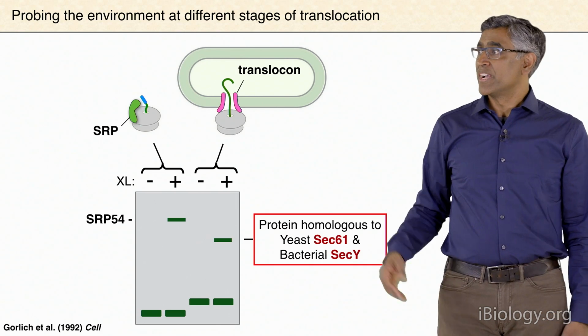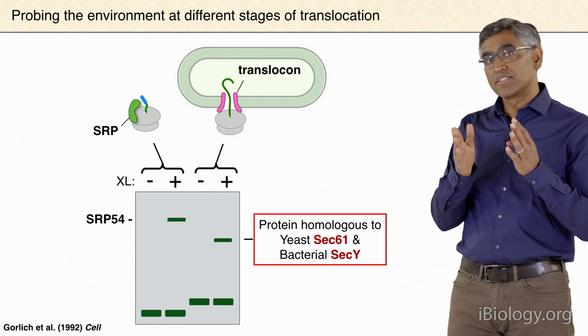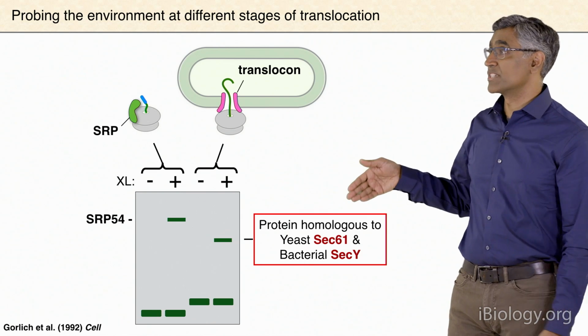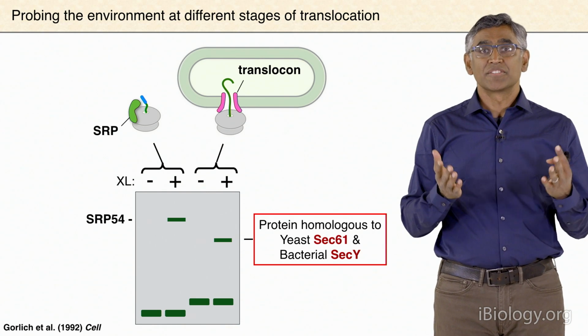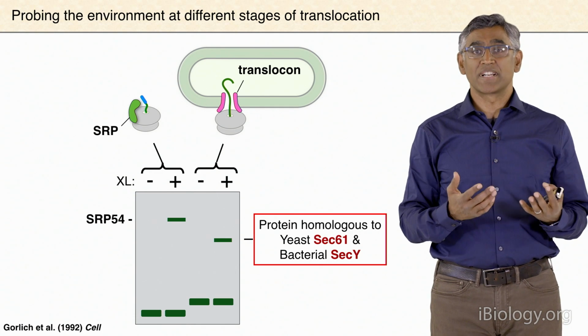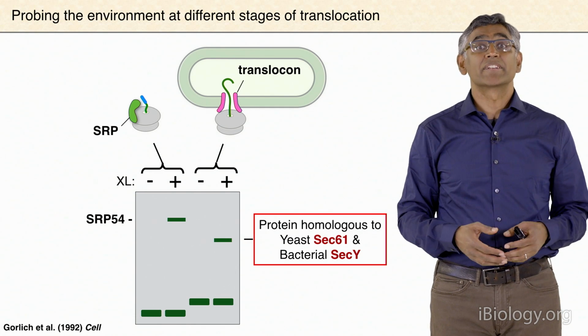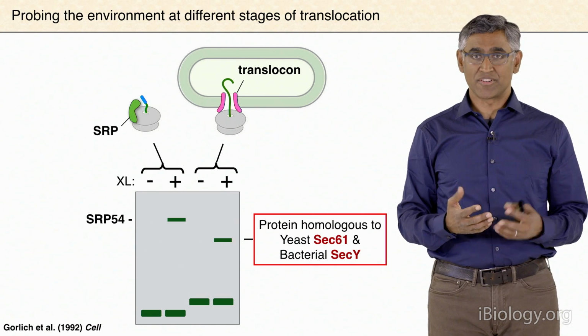It turns out that when that was done from a mammalian system and small bits of sequence of that protein were determined, that protein turned out to be homologous to two genes, one isolated from yeast and another isolated from bacteria, that had come up in genetic screens for defects in secretion.